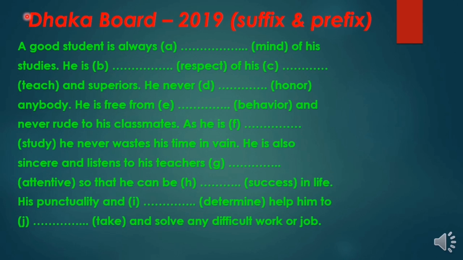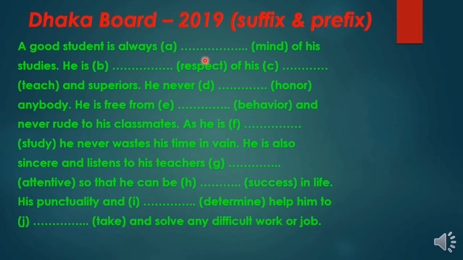Dear students, now we are going to solve a board question taken from Dhaka Board 2019 on suffix and prefix. My dear students, you can see that the suffix and prefix question will be in a passage.